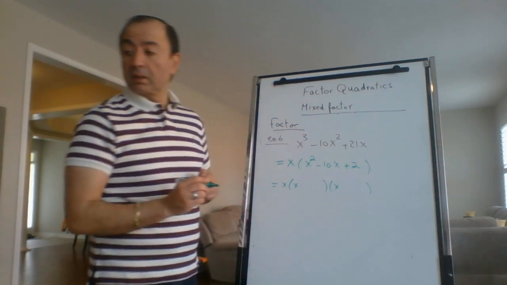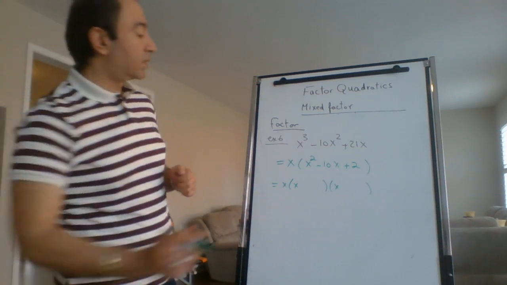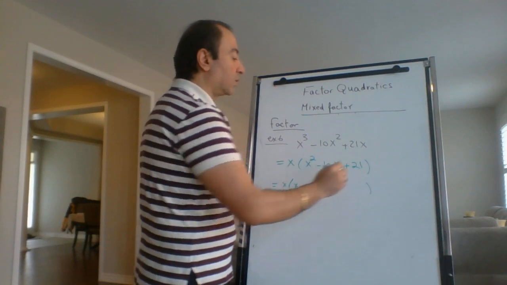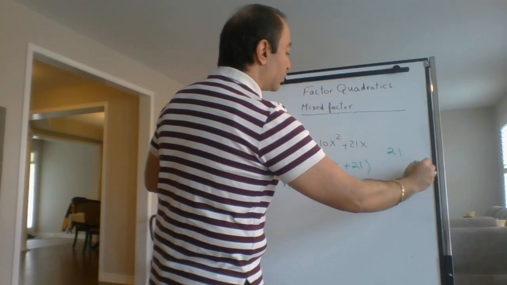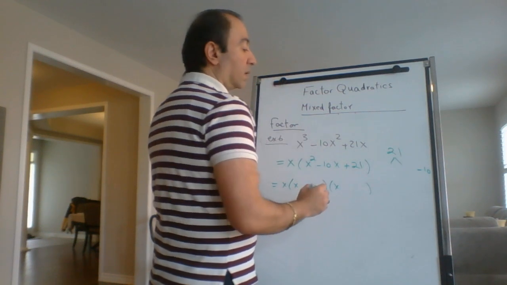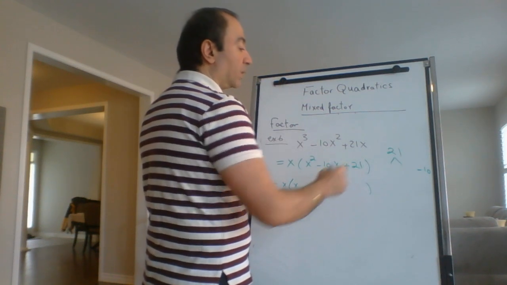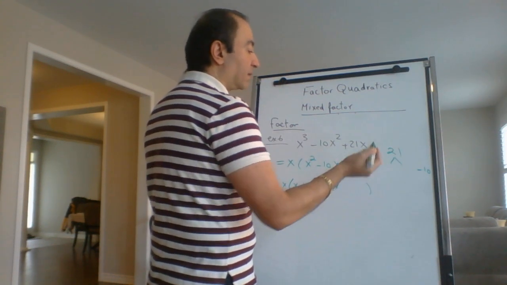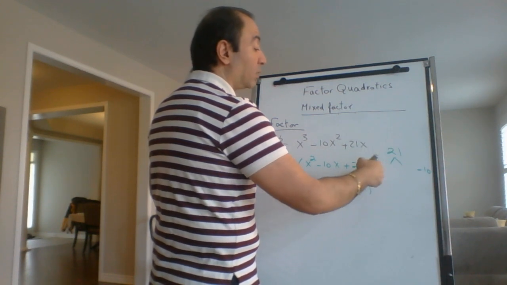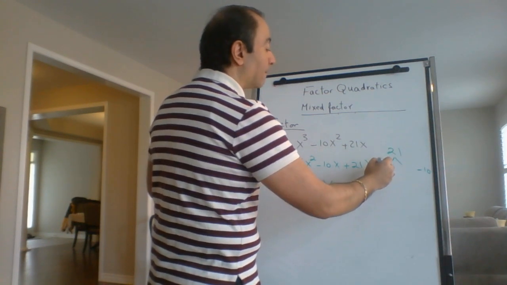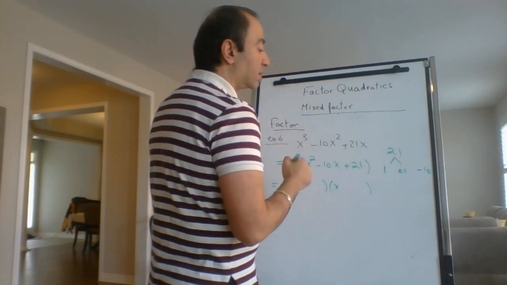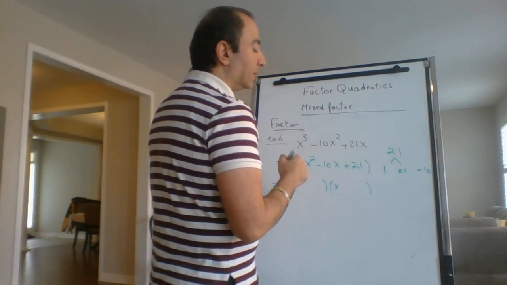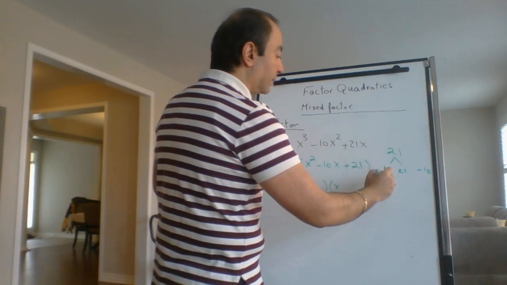I need to think, oh sorry, it's 21. I need to think of 2 numbers multiplied to 21 and at the same time add to negative 10. We can do them one by one if we cannot find it right away. 1 and 21, yes, multiply to 21, but don't add to negative 10.